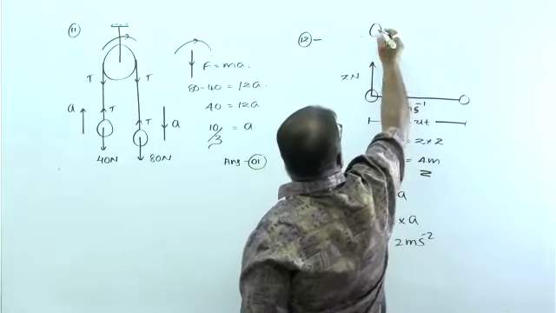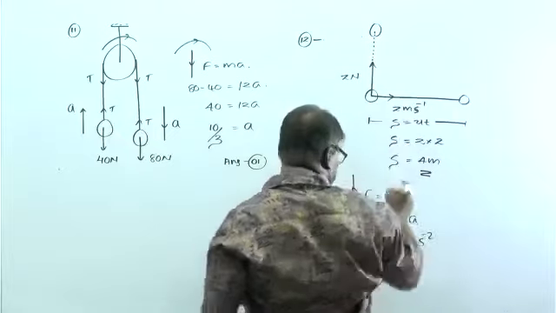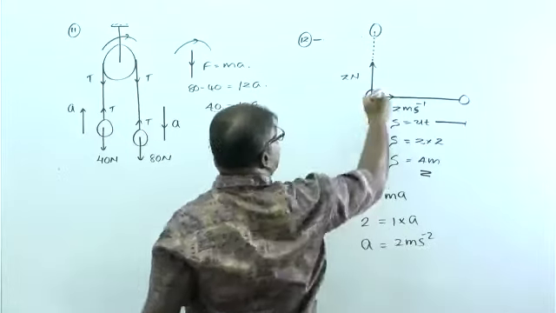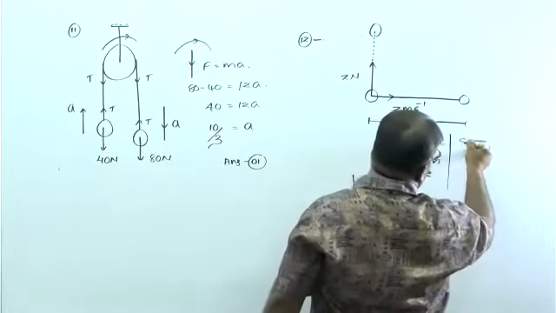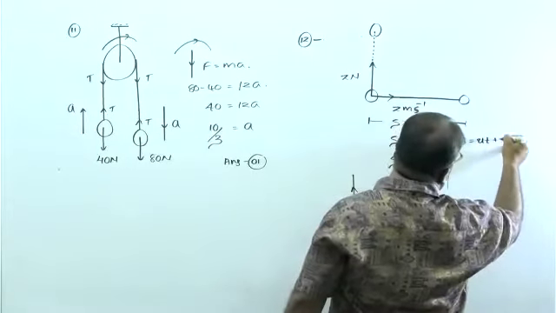Towards this side we apply S equal ut plus half at square.